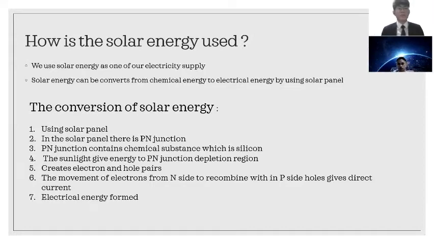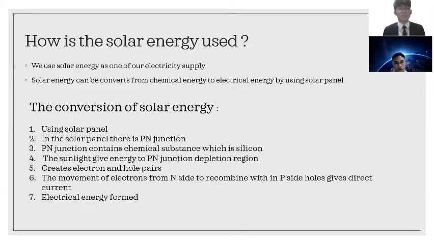But today we are going to talk about solar energy. So we use solar energy as one of our electric supplies in our daily lives. The process is by converting the chemical energy radiated from the sun into electrical energy. So now let's get into the detail of how this works.